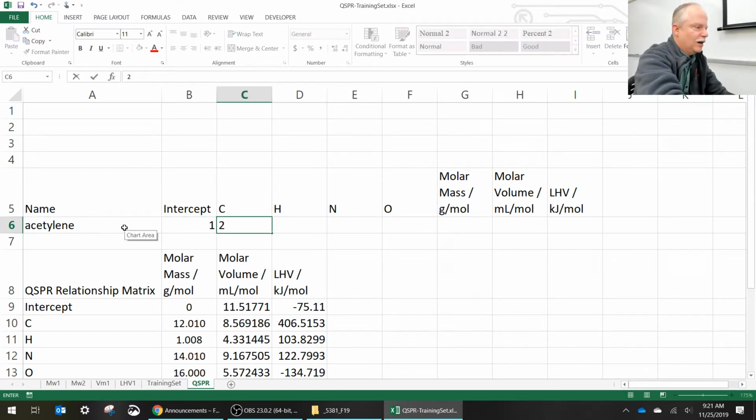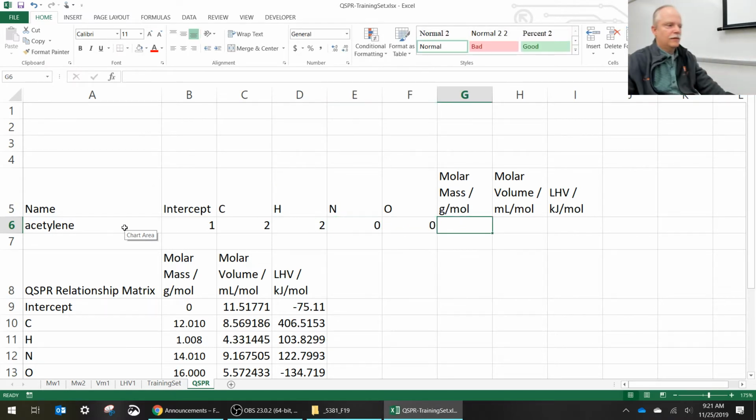And so that's 2 carbons, 2 hydrogens, 0 nitrogen, 0 oxygen. So there's our structure, and then we have the relationships, and we're going to model the properties. Row times column. Yeah, row times column. Okay, and so now select all 3 of these cells here.